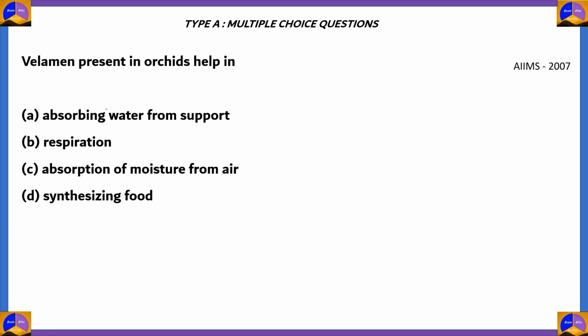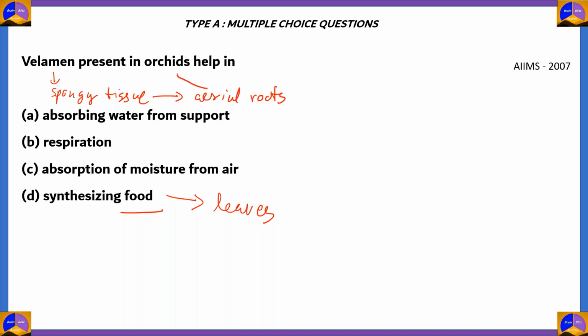Option D. Synthesizing food. This is done by the leaves of the plant, while the tissue velamen is a kind of spongy tissue found in the aerial roots of orchids.